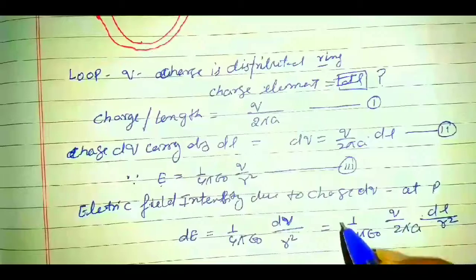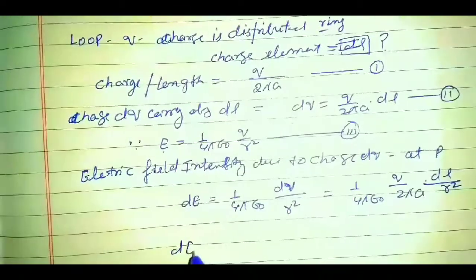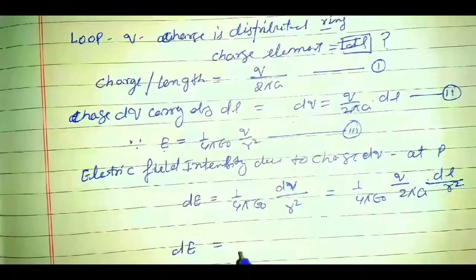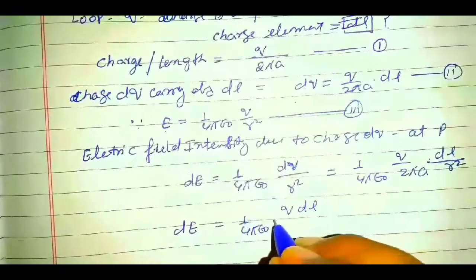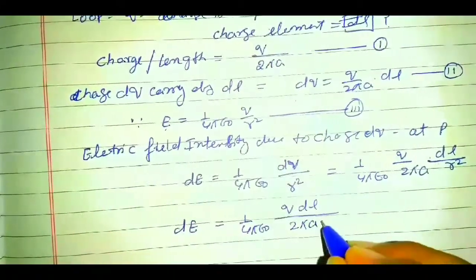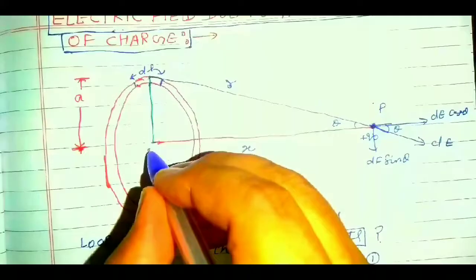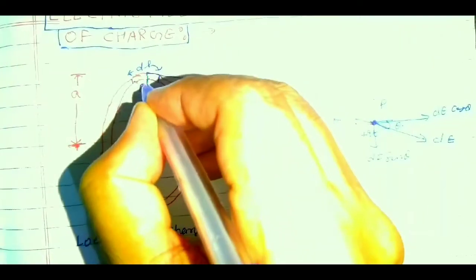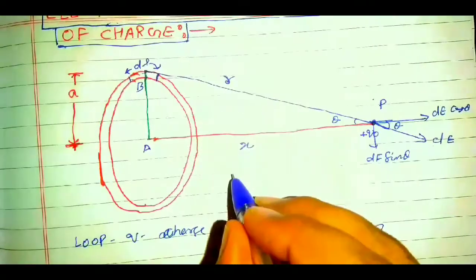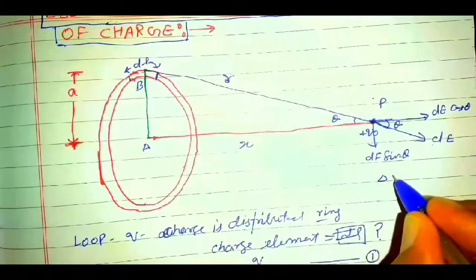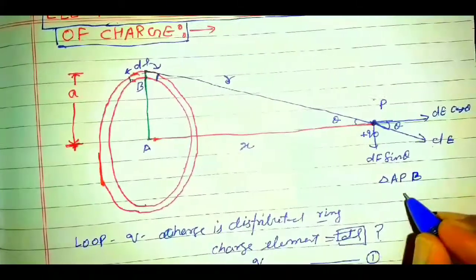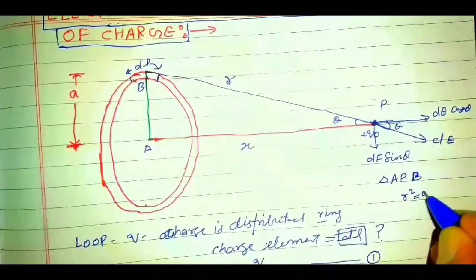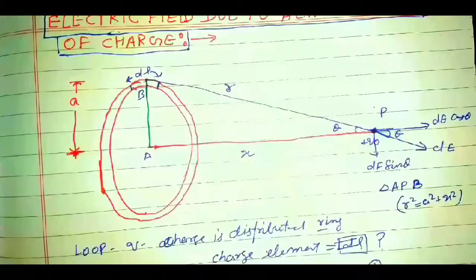See very carefully. Now dE can be written as 1 upon 4 pi epsilon 0 Q dl by 2 pi A R square. In the figure, let this point be A and this be B. So here in triangle APB, R square is equal to A square plus X square.